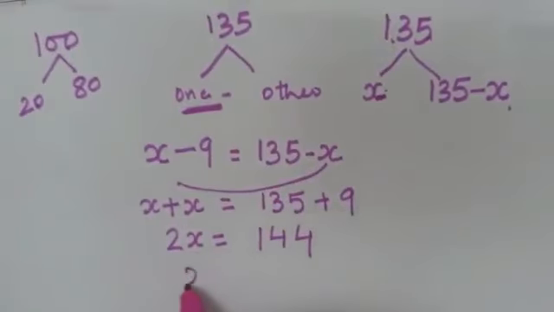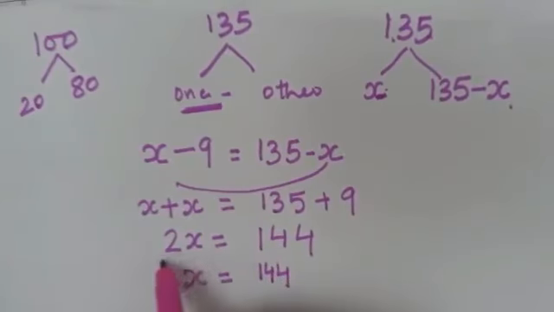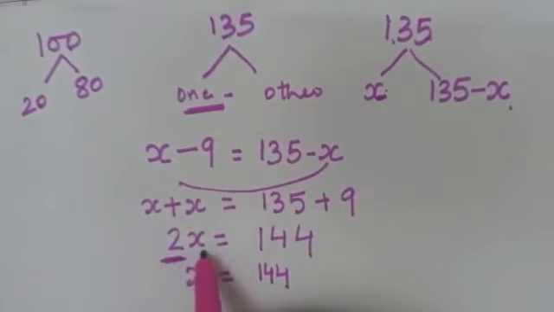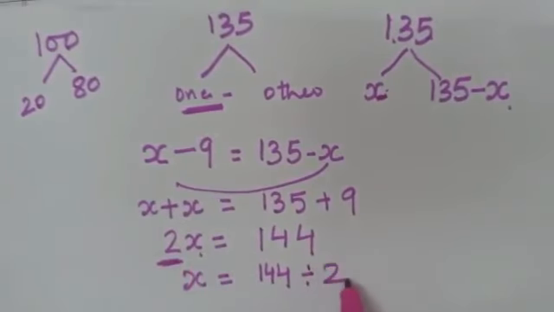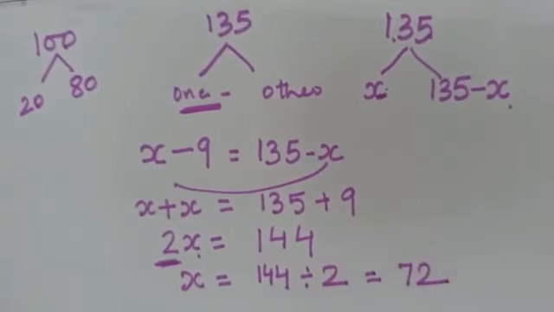So now x will be equals to 144 by 2. This 2 is getting multiplied here, so it will get divided. So what we get? We get 72.